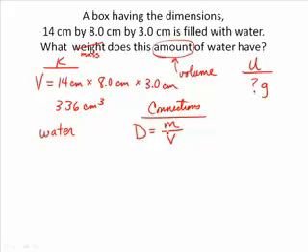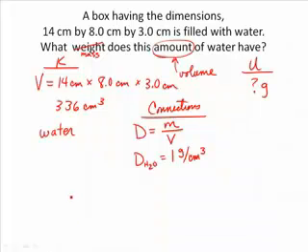Well, in problems like this, where they don't give you a density and the substance is water, it's okay to assume that the density of water is 1 gram per cubic centimeter. Okay? So there's our connection between the two things we want.